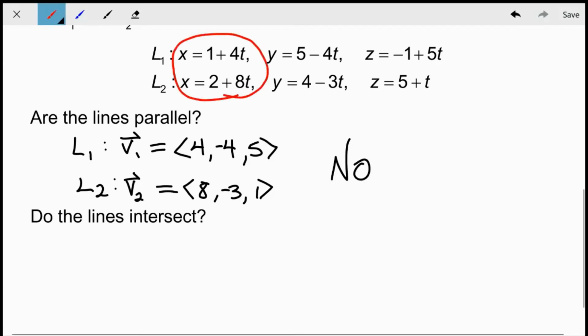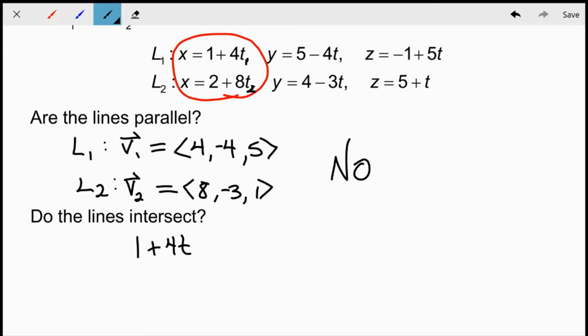Remember, the parameter t is going to be different for each of these lines, so I'm going to call this one t1 and this one t2. When I set these equal to each other, I would ask, is there a point where 1 plus 4t1 is equal to 2 plus 8t2?